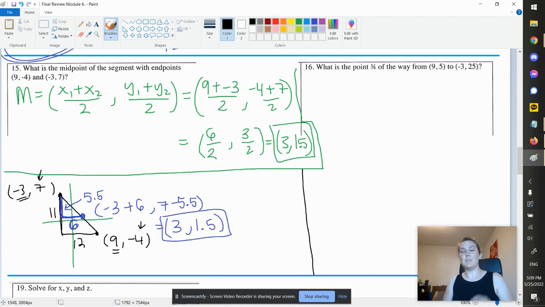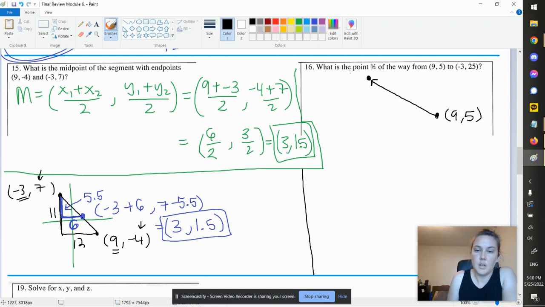Over here, I'm definitely going to draw it. The equation is not worth memorizing. So we want to know what point is 3/4 of the way from (9, 5) to (-3, 25). (9, 5) is over here, (-3, 25) is over here. We're going this way. We're starting at (9, 5) and ending at (-3, 25).